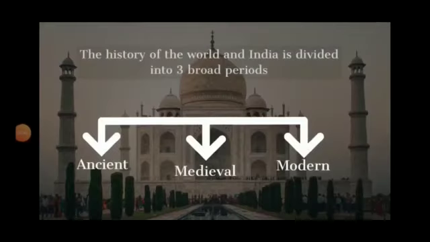As we know, the history of the world and India is divided into 3 broad periods. Yes, those 3 broad periods are ancient, medieval and modern. And this chapter is of the medieval period. So children, today we are seeing the medieval period.